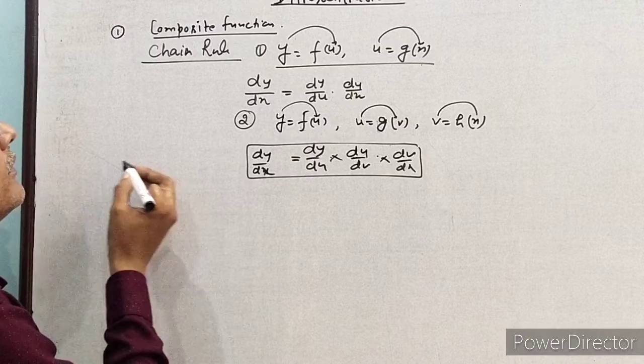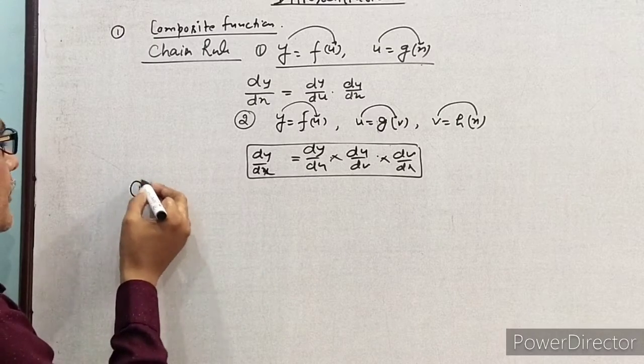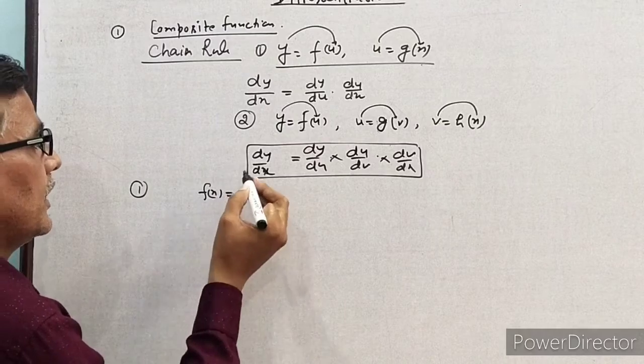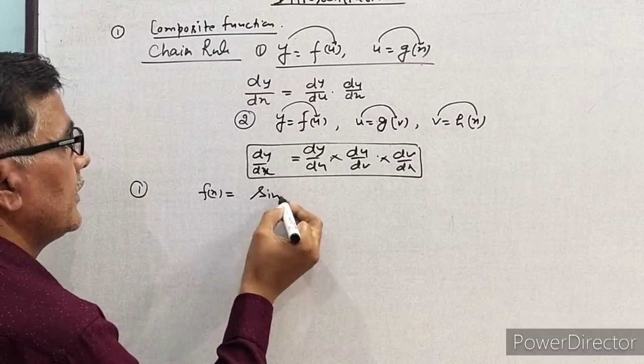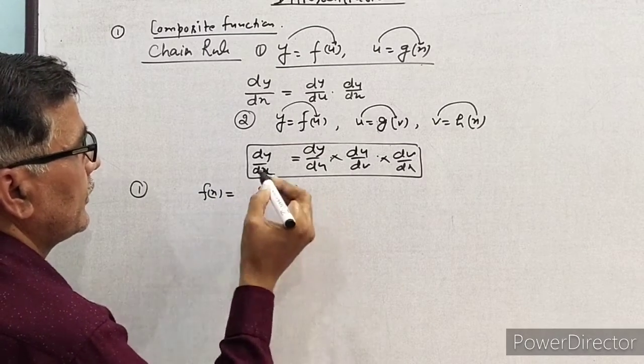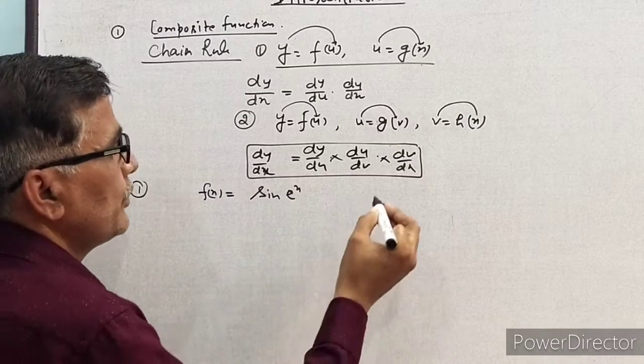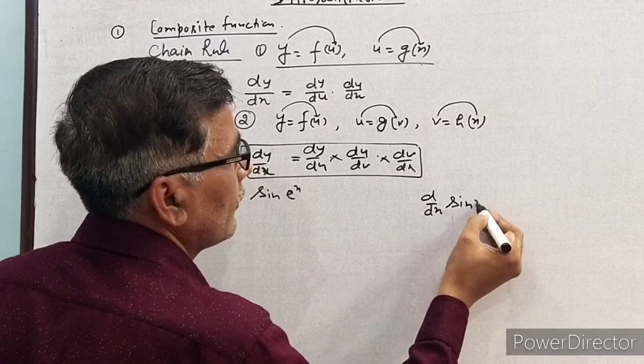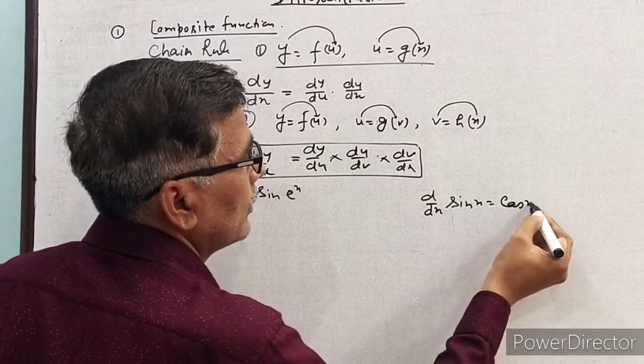We are considering an example. Suppose a function f(x) is equal to sin e raised to x. As we know, the derivative of sin x is equal to cos x.